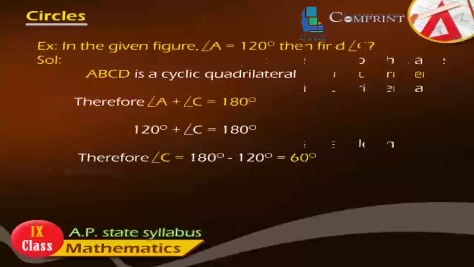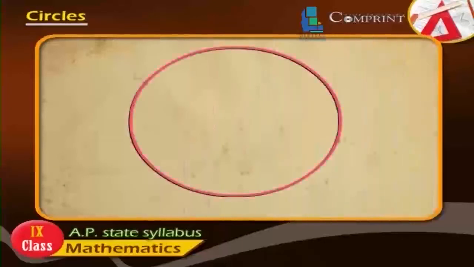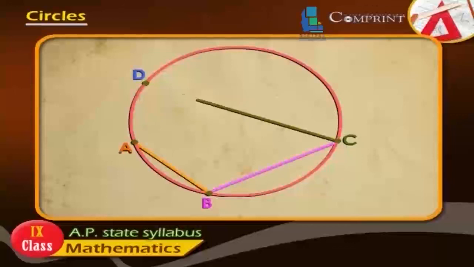Example, in the given figure, angle A is equal to 120 degrees. Then find angle C. Solution. ABCD is a cyclic quadrilateral.